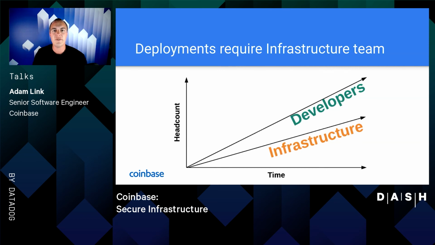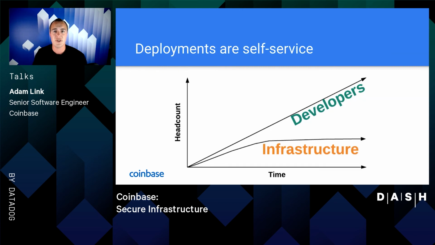Right now, if you have an infrastructure team that is depended on for your deploys and must work with your developers, as you scale your development team, you must scale your infrastructure team. Otherwise, the infrastructure team becomes the bottleneck. But with a self-service productized offering to your internal developers, this is what you can do with your infrastructure team.